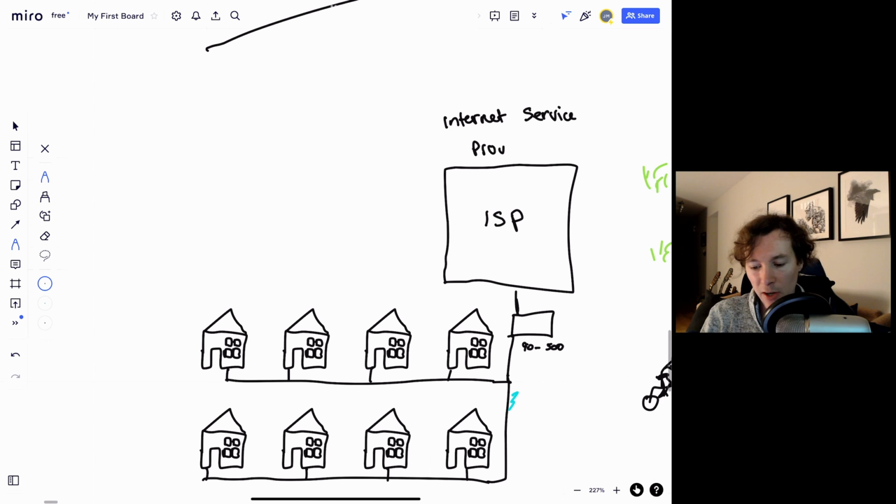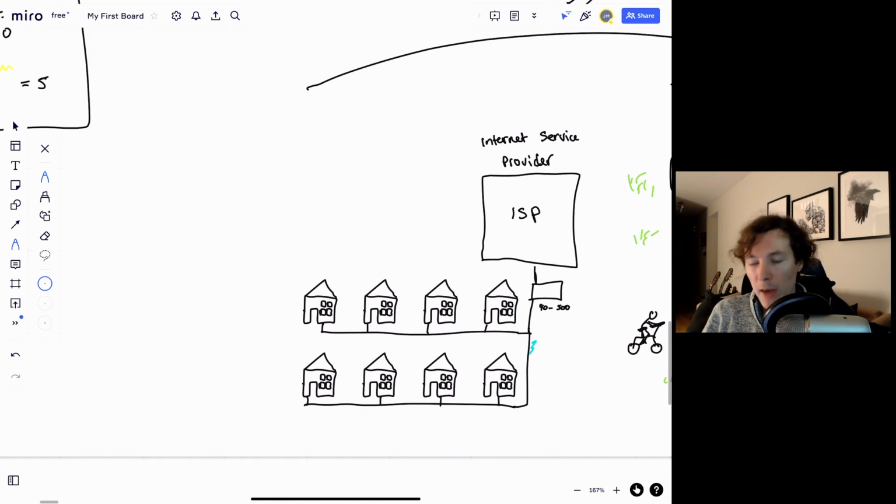Depending on the country, these are just different companies, right? For me in Canada, we have Videotron and Bell and other providers. In America, AT&T is a big one. I don't know about Australia and New Zealand or China, but there's an internet service provider.